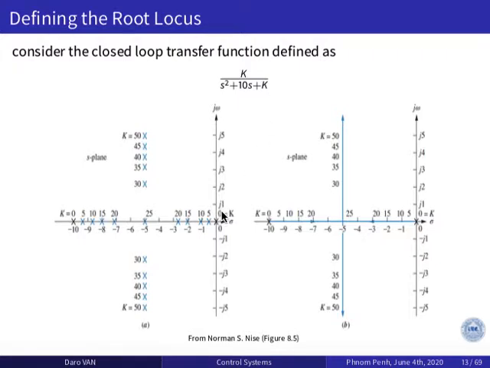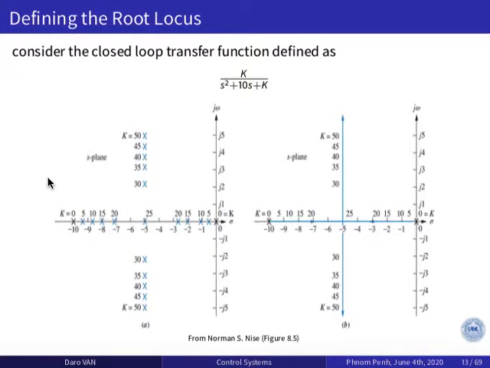So if you change k from 0 to 50, you will be able to find the root locus. Not the root locus, the location of the poles. For example, k equals 0, you have two poles. k equals 5, and you also have two poles, and so on, until k equals 50.